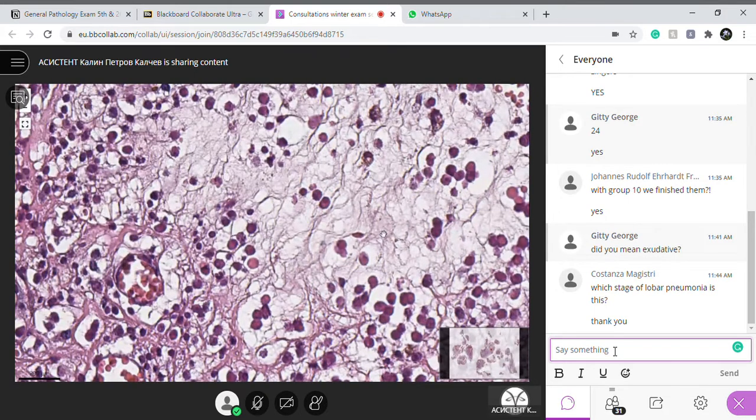But you know that this fibrin usually starts organizing after a few days. And usually, in a couple of weeks, that clot is substituted by connective tissue and forms a connective tissue scar.